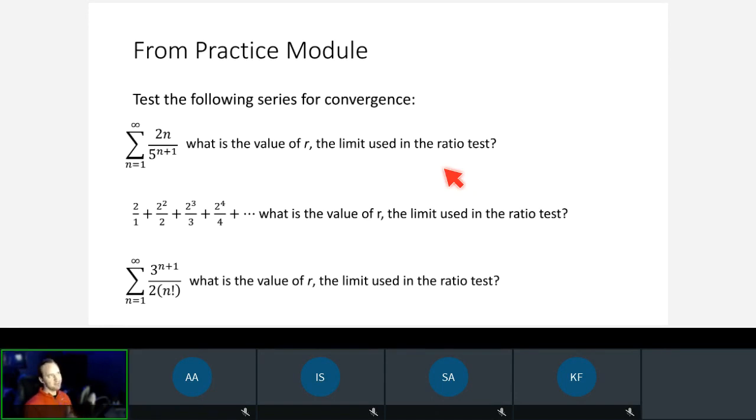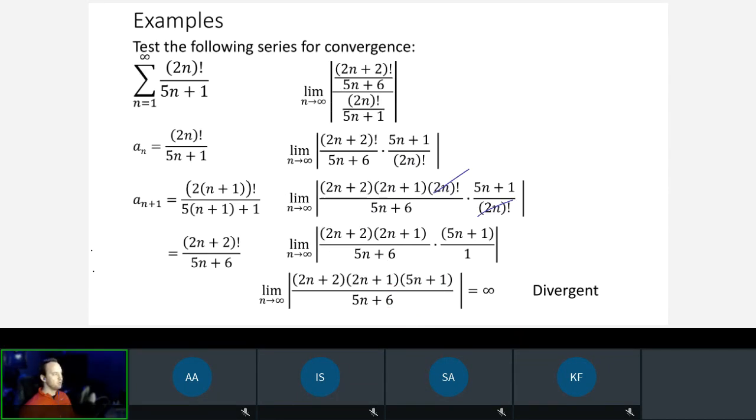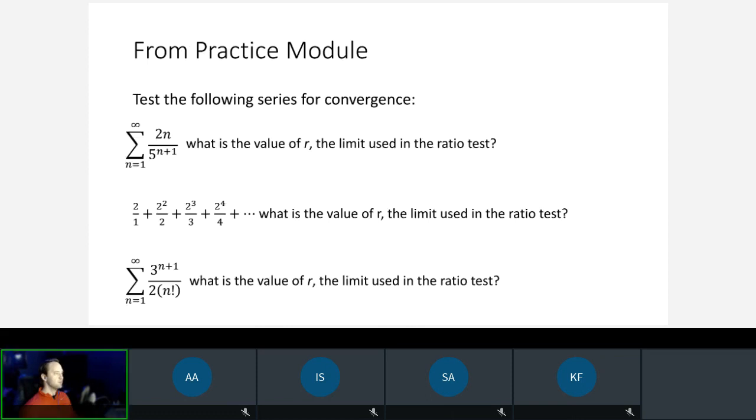I don't like that they did that. So just know that when they talk about R in this case, they're just saying, what does the ratio test equal? What we've been doing: we got R equals 1 here, R equals infinity, and R equals 0 for those examples. So that's what the module is saying. That was a little bit confusing.